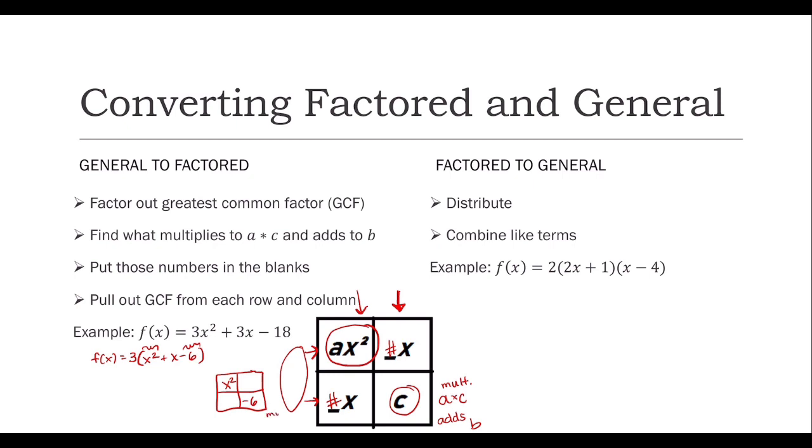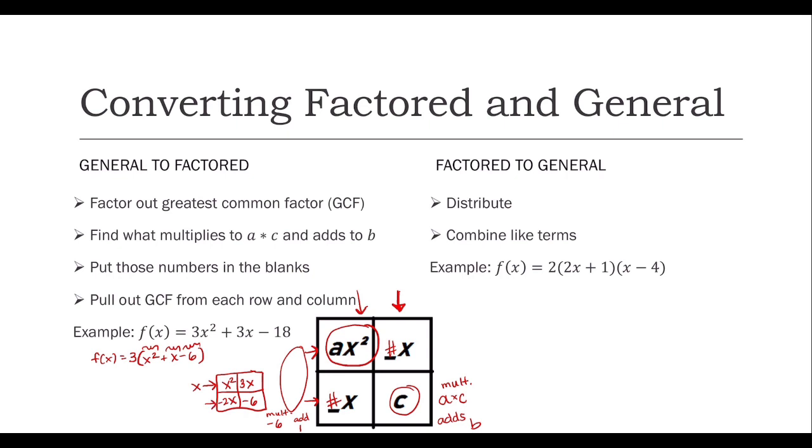So we need something that multiplies to 1 times negative 6, so to negative 6, and it needs to add to our b value, which is going to be 1. So that would be a negative 2 and positive 3. So negative 2, positive 3, and we put our x's with them. So now we'll pull out our greatest common factors. So between x squared and 3x, our greatest common factor is x.